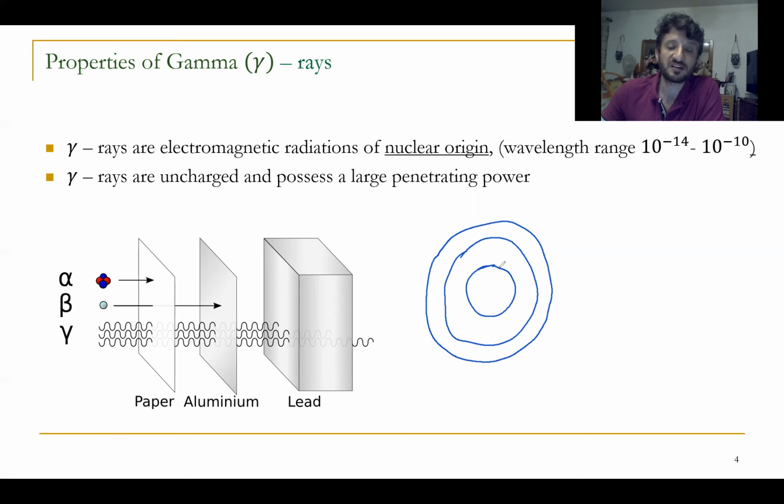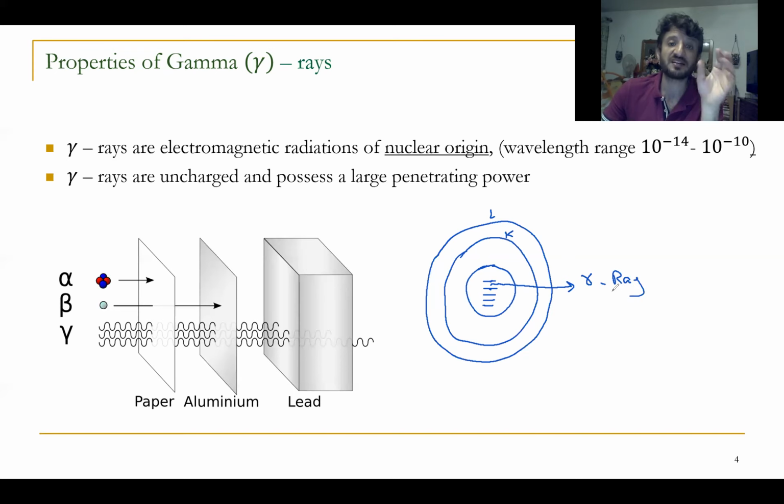Okay, this one is the nucleus, and here we have KLMN and so on. Inside the nucleus, we have the shell model. We have the shells inside the nucleus. During the transition from the upper level to the lower level inside the nucleus, we can have the emission of gamma ray.